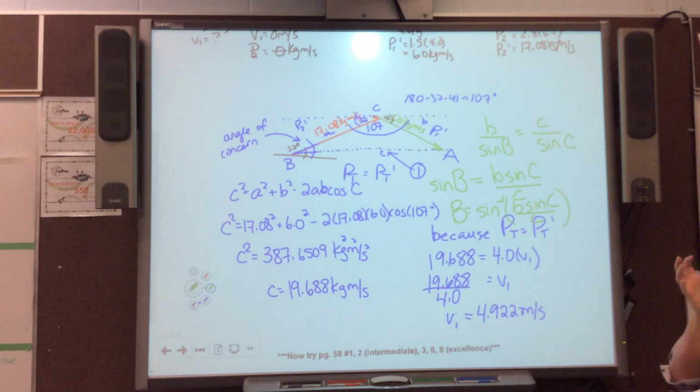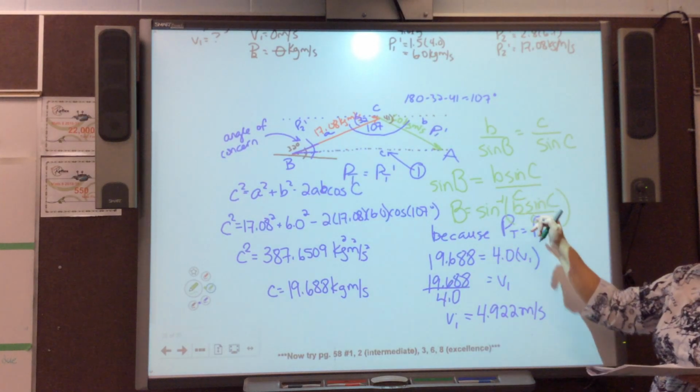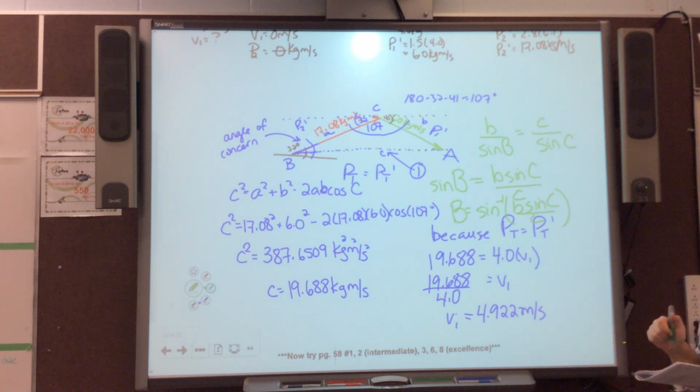Okay, so to find out the angle of B, you need to take the inverse of sine of the math inside the brackets.